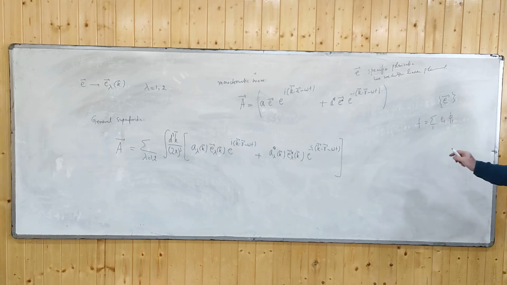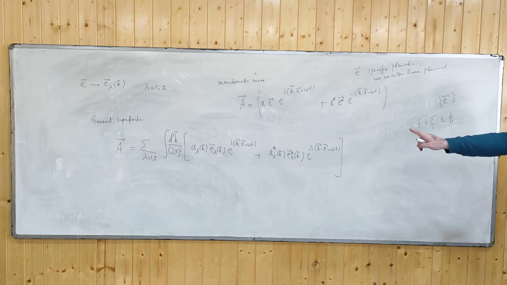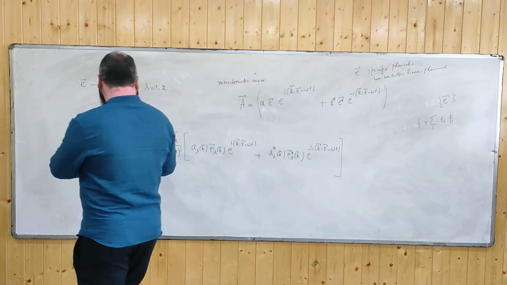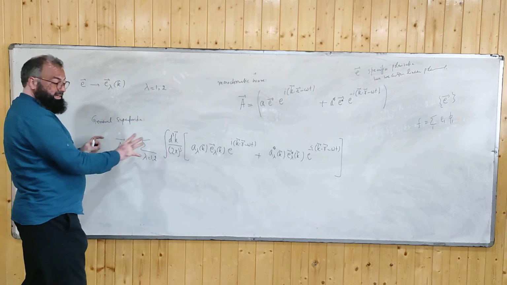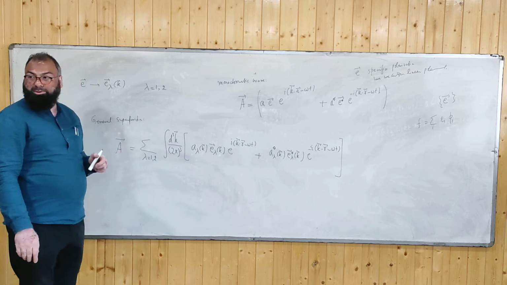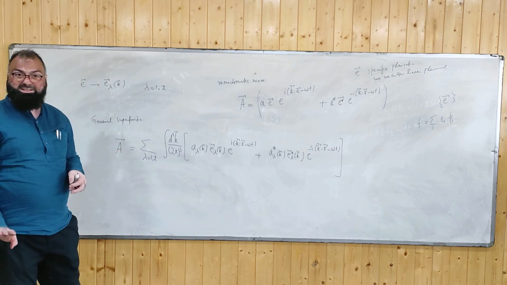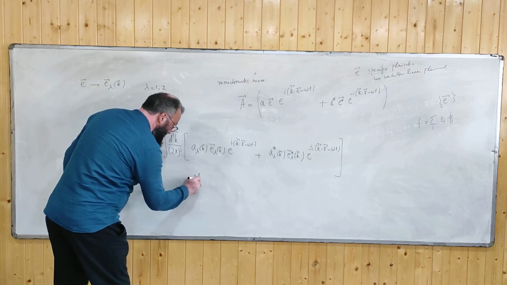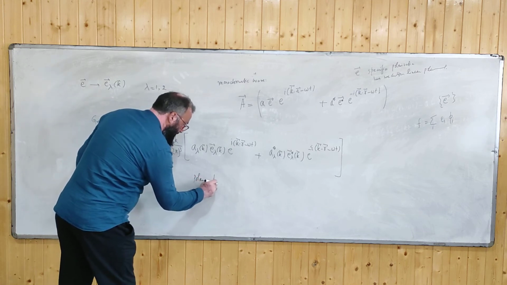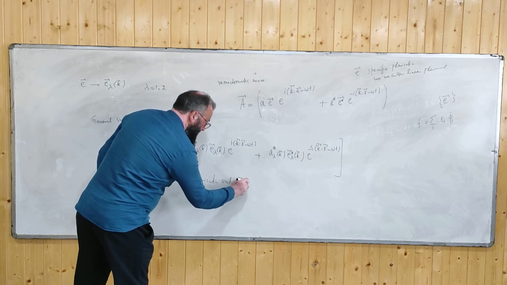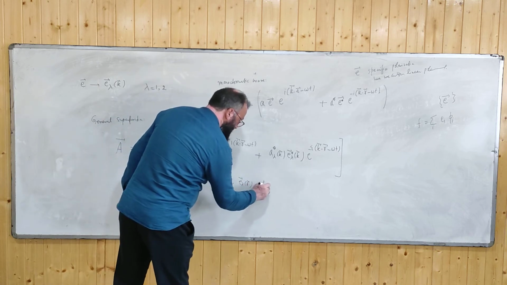Do you see it's a basis expansion? So you are expanding this vector potential in a basis E. The basis is specified here by the polarization vectors. So these polarization vectors E lambda k specify a two-dimensional vector space.